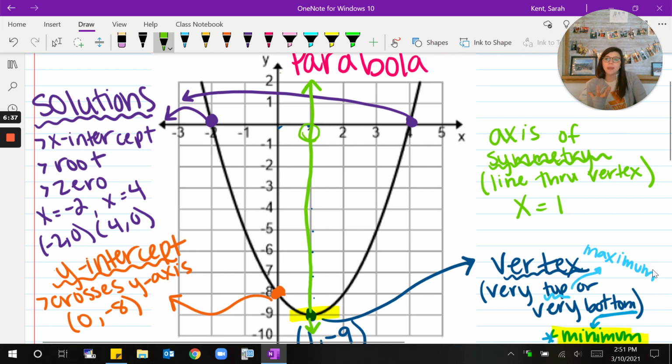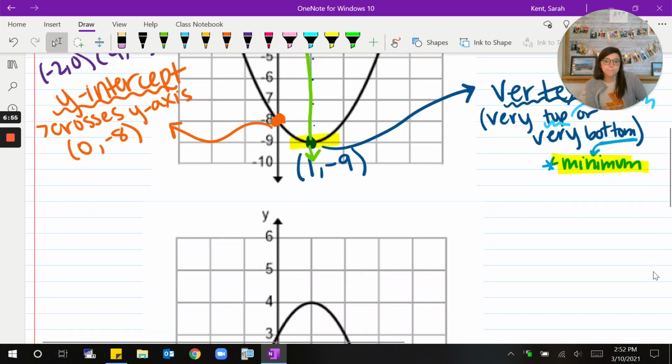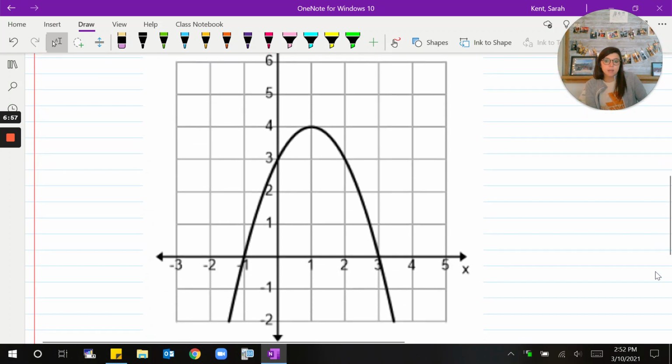So these are the main pieces we have of a parabola. We have the solutions, the y-intercept, the vertex, and the axis of symmetry. So we're going to look at one more graph and again pull out those 4 different pieces. So here we have a new graph. So we can start by looking for the solutions.